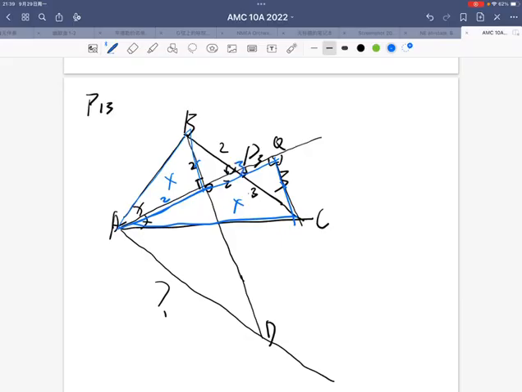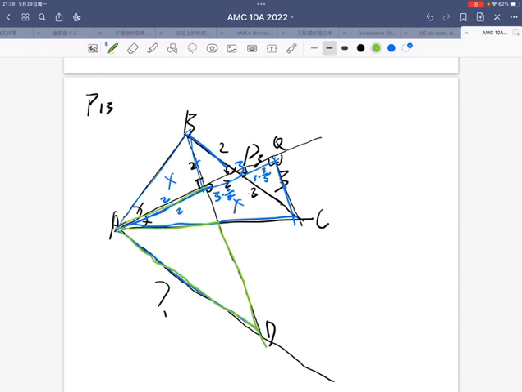With this in mind, since we know this is 2 and 3, this is 3 for the total length times 2 fifths. This is 3 times 3 fifths, basically ratio-wise, and this is 2. And since we know these ratios, we can just find the ratio between BD and AD, because that is another pair of similar triangles, and I'm going to denote it with a different color.